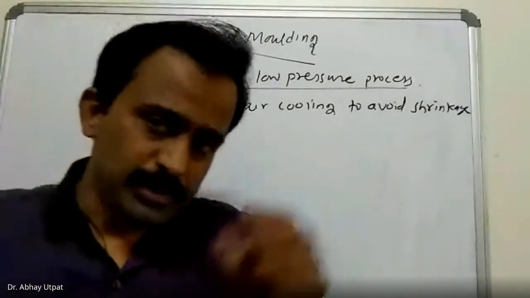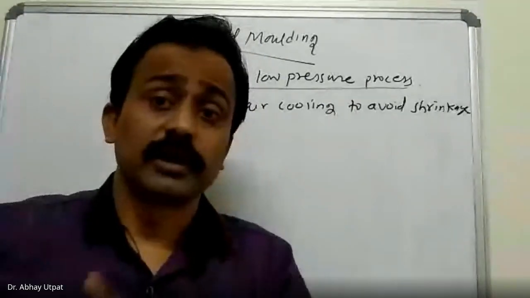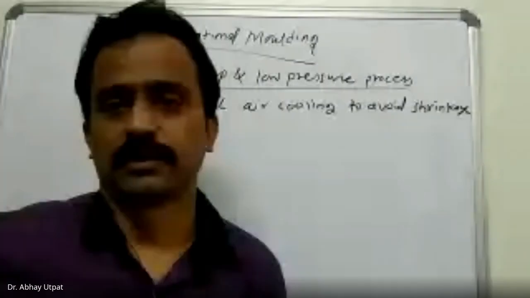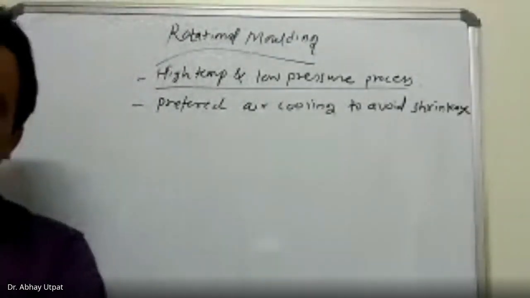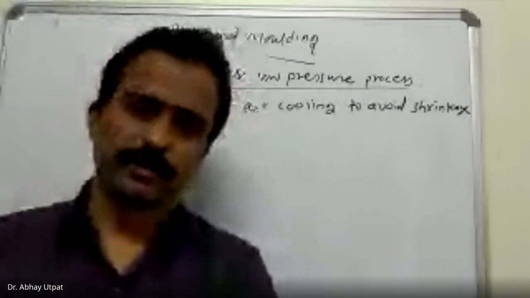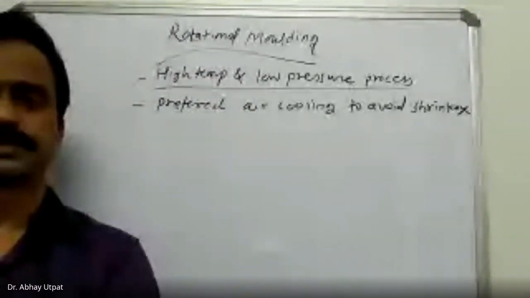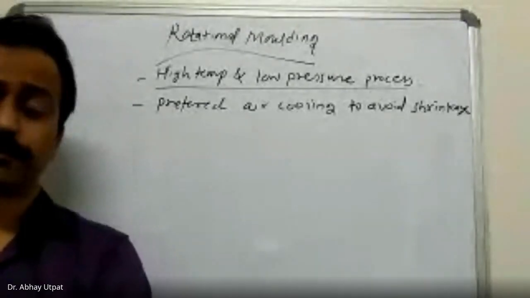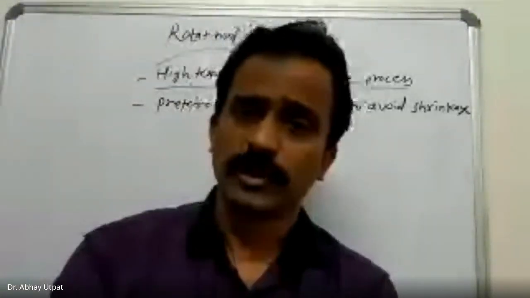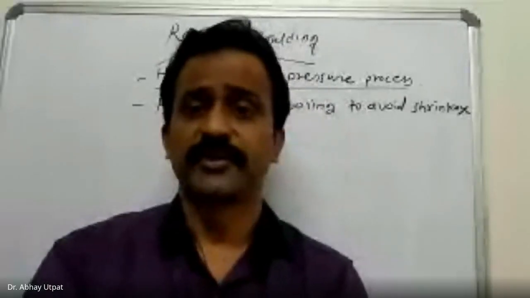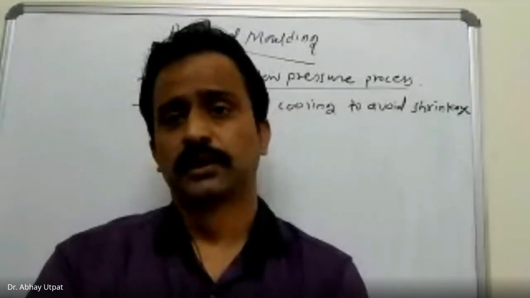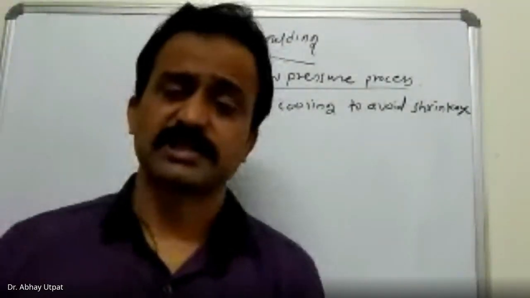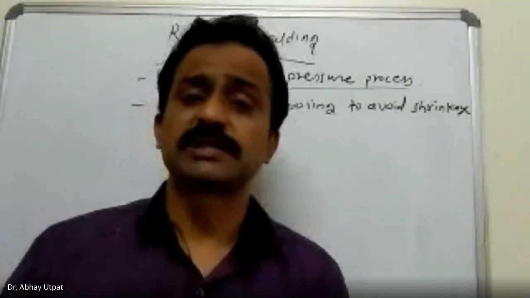Now, for the powder you are putting into the mold, care must be taken that the mold is not overheated. If the mold is overheated, there will be degradation of the powder and it will lose its properties, and your product may be of poor quality. If the temperature of the mold is less than optimum, there will not be proper plasticization.